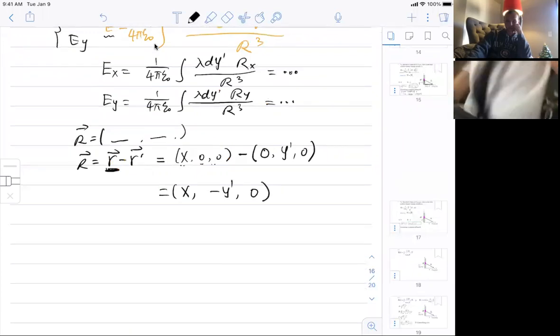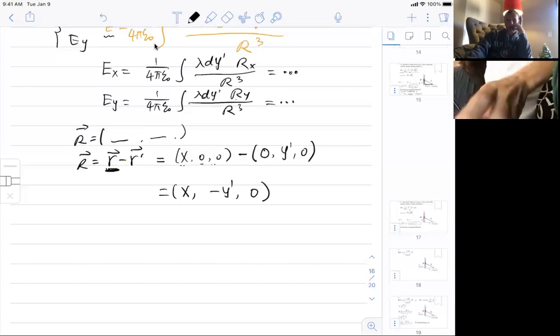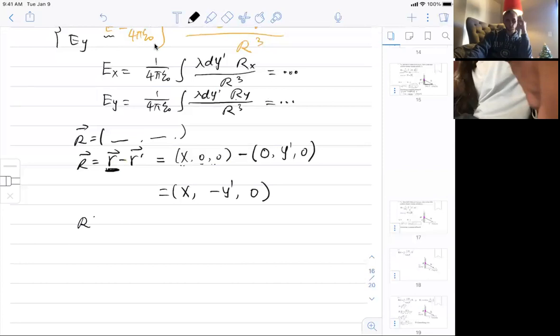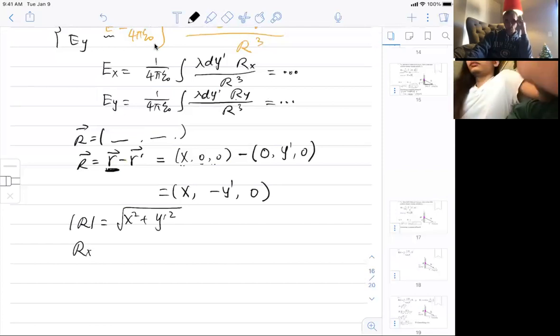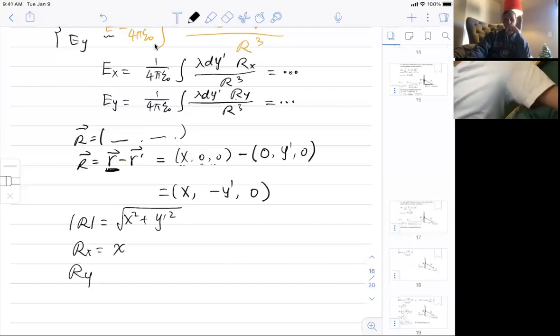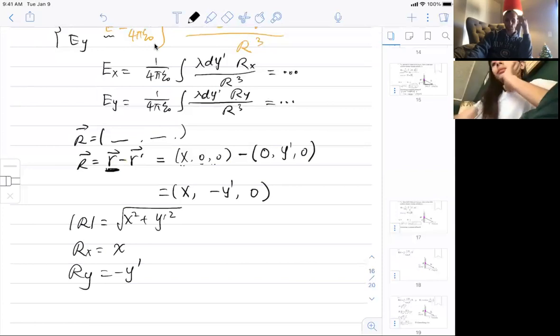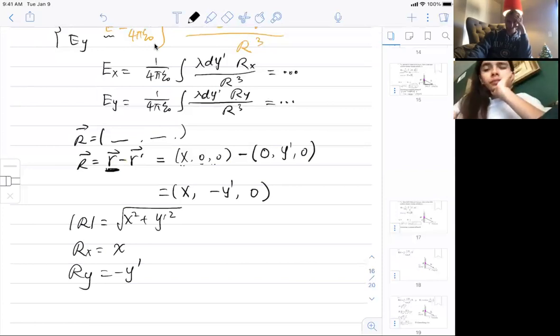So this is my script R, and we already calculated the R magnitude to be the square root of x squared plus y prime squared. Now the Rx direction is going to be x, and the y direction is going to be negative y prime. So that helps me simplify my calculation.